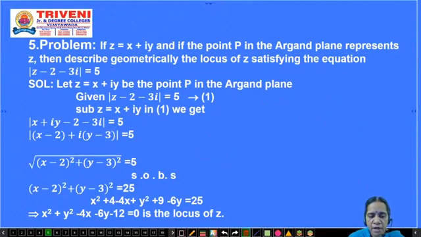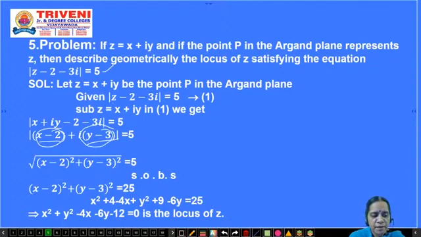Okay, in the hypothesis they have given modulus of z minus 2 minus 3i is equal to 5. Then put the value of z here. Then rearrange as real part and imaginary part. The mod of z is equal to square root of a square plus b square. In the place of a we have x minus 2 and in place of b we have y minus 3.